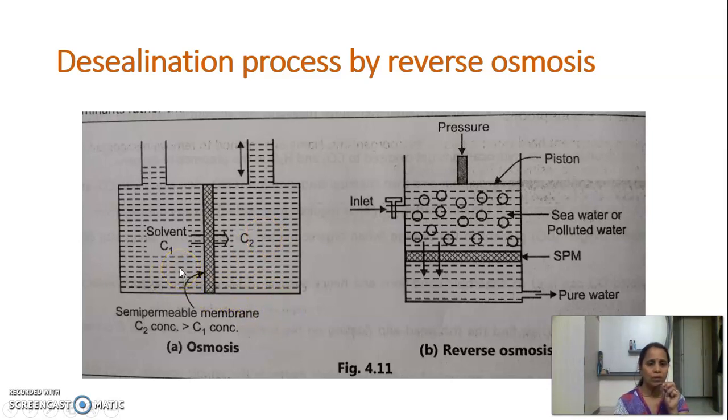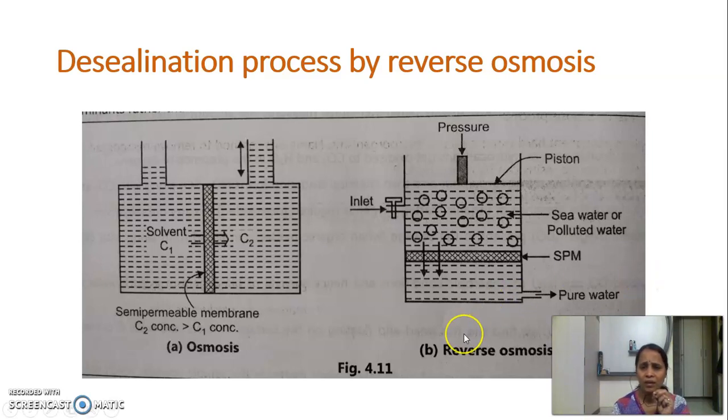Flow of solvent from lower concentration to higher concentration through a semi-permeable membrane is osmosis. A new term has arisen, that is SPM. Long form is semi-permeable membrane. That is, this membrane allows the solvent to flow but not the solute. I repeat again, osmosis is removal of solvent, not of solute.